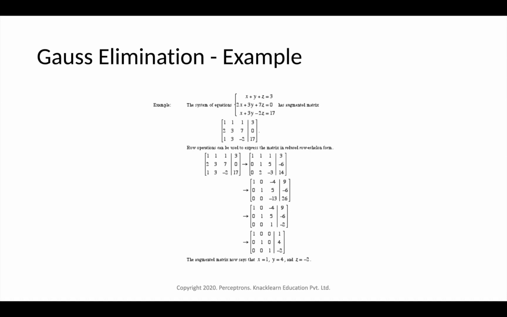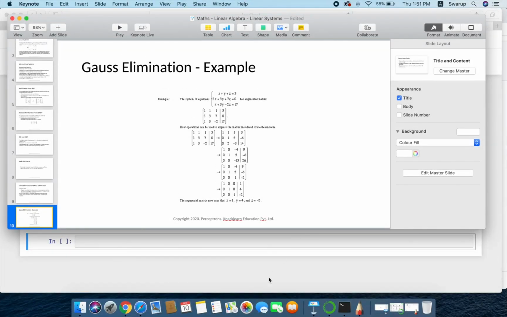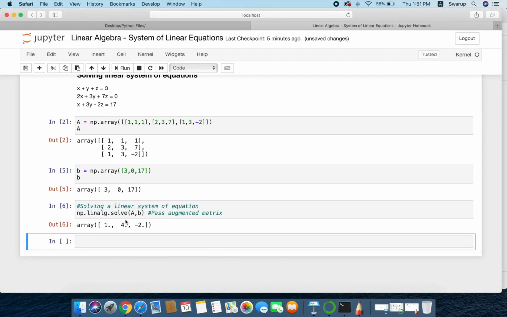So with the actual equation we were getting the same output, that is x equals 1, y equals 4 and z equals minus 2. So this is how we can solve a linear system of equations by using Python. Okay, we don't have to do one by one row reduction operations here in Python. We can directly solve this equation by using this solve function which is there in the linear algebra module within NumPy.